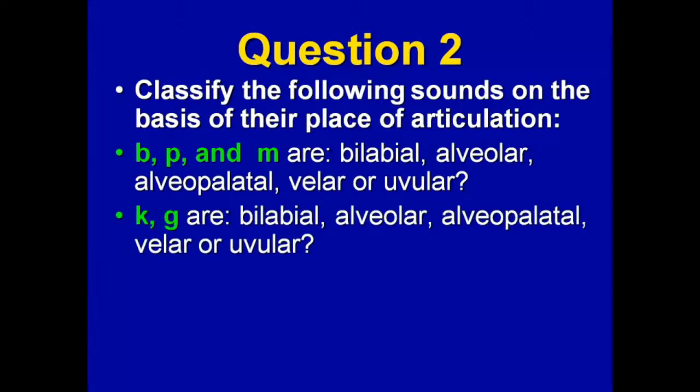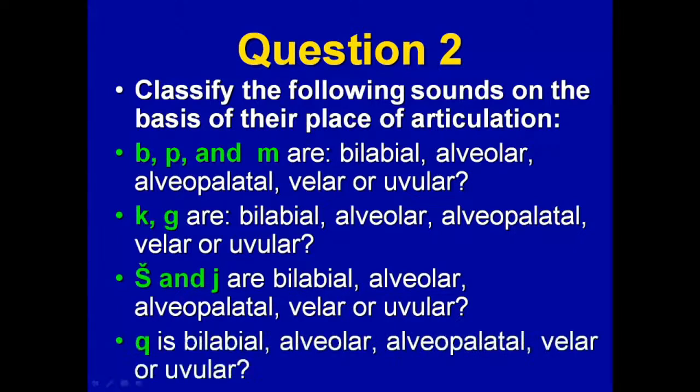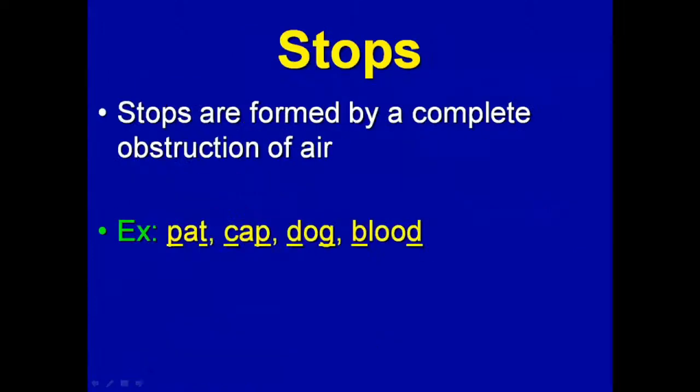Are they bilabial, alveolar, alveopalatal, velar, or uvular? We have got sh and j. Same thing for q. Just remember what we have said concerning the description of different sounds, and we will automatically find the right answer.